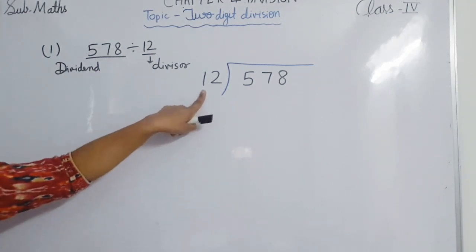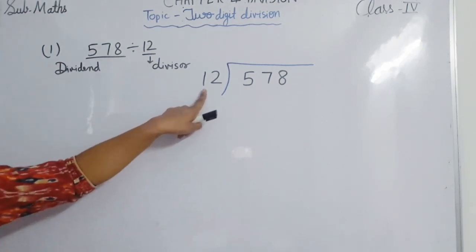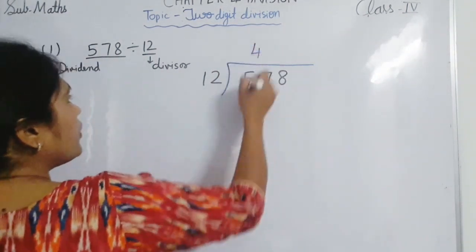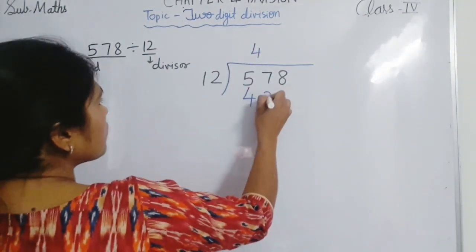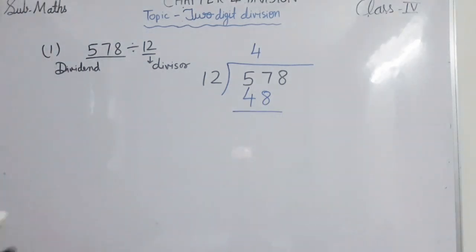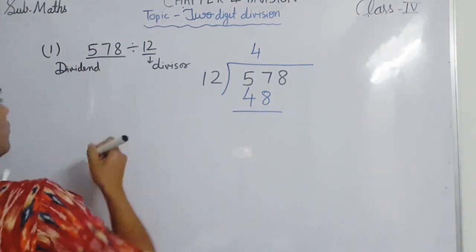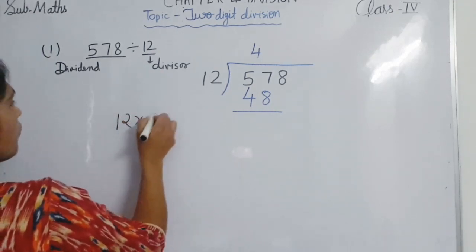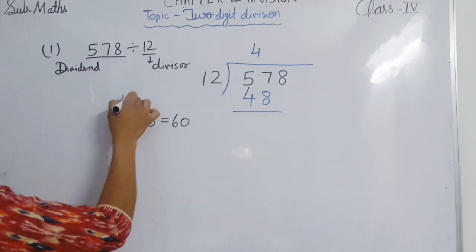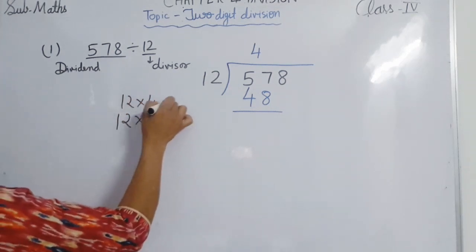If I am speaking the table of 12, 12 fours are 48. Because if you do 12 fives, it will be 60. So that's why I am taking 12 fours.